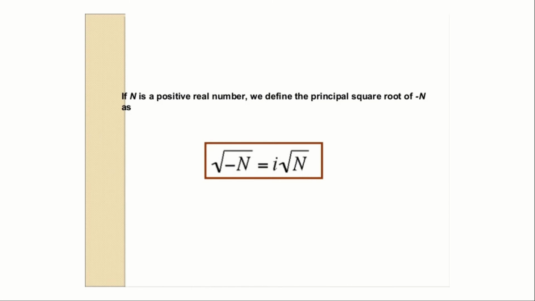We know that root of minus 1 is always equal to i, so root of minus n is equal to i root n. So these are the important formulas which come under the complex conjugate system. We have to know each and every theorem, or the formulas pertaining to those theorems, so that we can solve the problems easily.